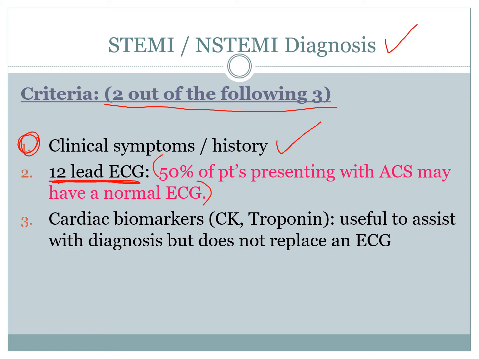Now, cardiac biomarkers like creatine kinase and troponin are extremely useful when aiding with diagnosis, but they do not replace an ECG. We have istats in the system, and istats are capable of drawing troponin, but for some reason, a lot of the times we go out to major exercises and we don't take istats, we don't take cartridges, and we don't take means of holding on to those cartridges.